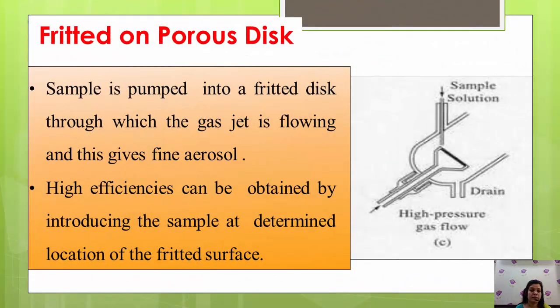This is the last, the Fritted or porous disc nebulizer, where the sample is pumped onto a Fritted disc through which the gas jet is flowing. In the diagram you can see argon gas flowing through this. This is the Fritted disc over which the sample is flowing, and here the sample is converted into fine droplets.